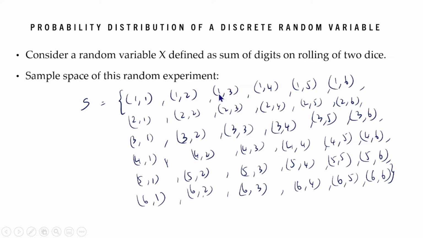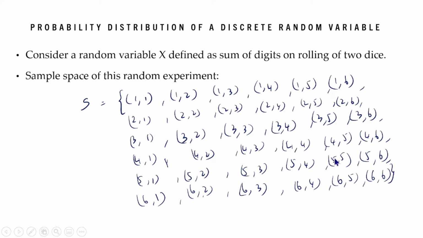Then coming to (1,3), (2,2), (3,1), in all these cases the sum of the digits is 4. Like that it will continue until the sum of the digits is 6 plus 6 equal to 12. So the various values which x can take are 2, 3, 4, 5, 6, 7, 8, 9, 10, 11 and 12.